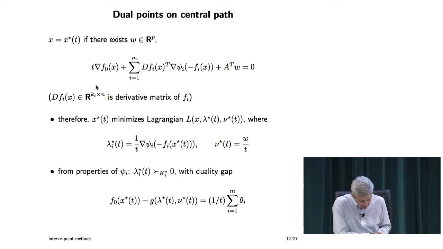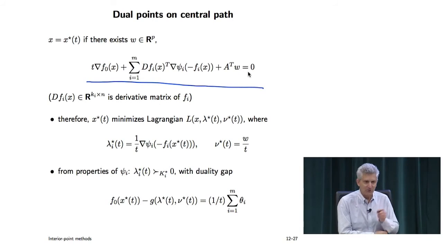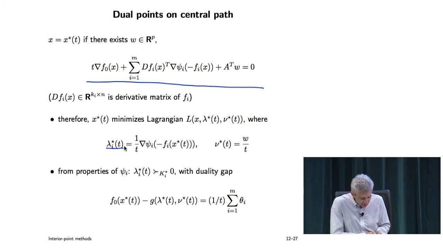And so you get something like that. Note I called it w, not nu. Okay, so this is the condition. It's a bit harder, but you stare at it for a while, and you get something pretty cool here. You divide by t, and then what you realize is that you take lambda_i star, and that's going to be this thing.